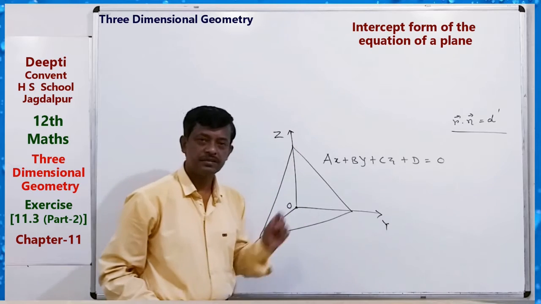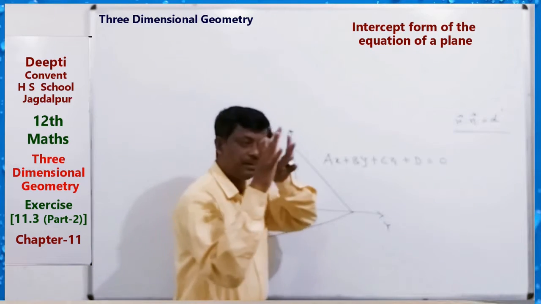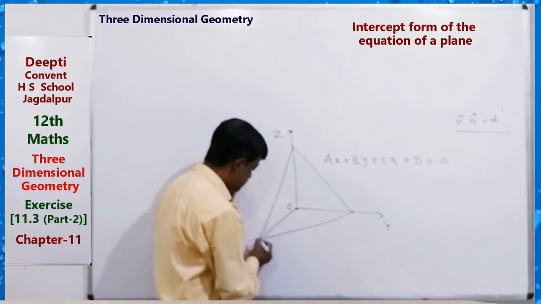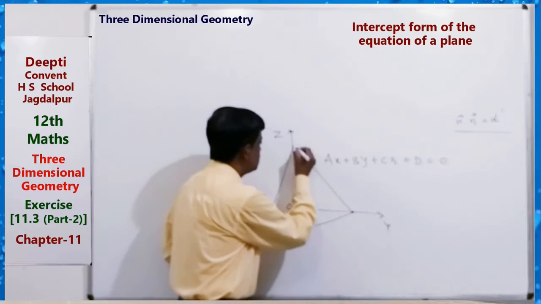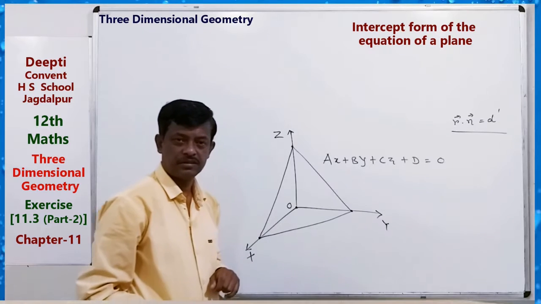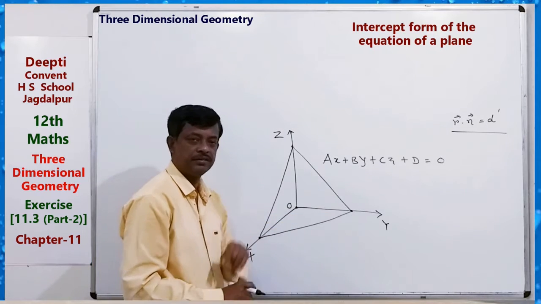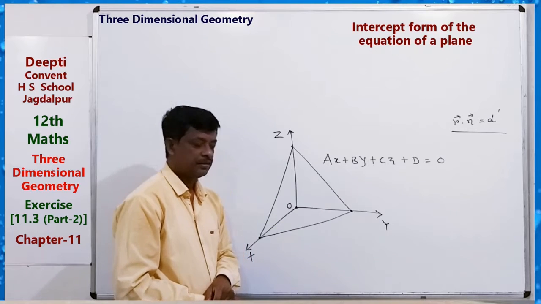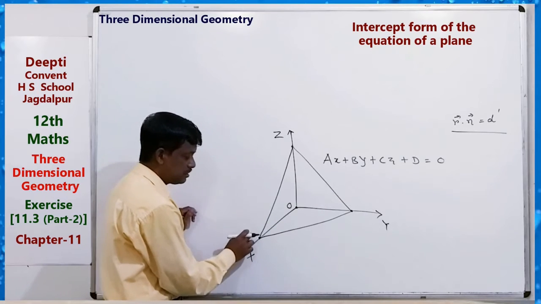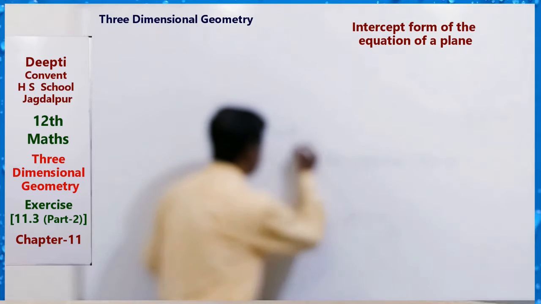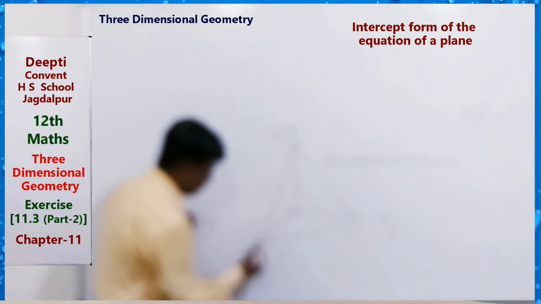Our plane crosses the x-axis here, the y-axis here, and the z-axis here. In this case, we can find its coordinates.